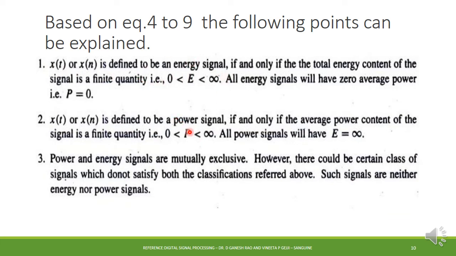When P lies between 0 and infinity, then x of t or x of n are called power signals, and the energy for such signals is equal to infinity. These are the important points you have to remember.